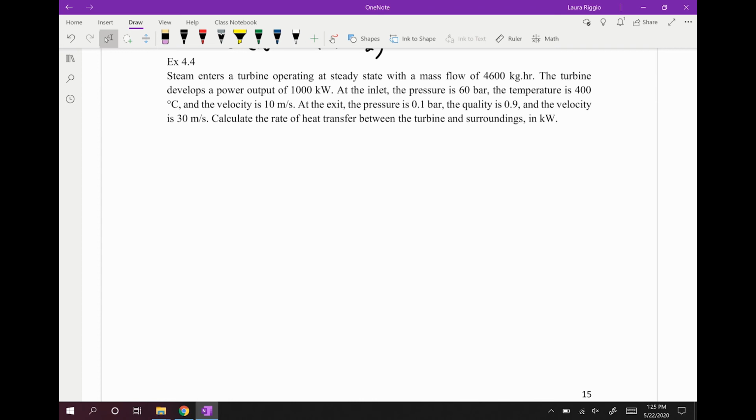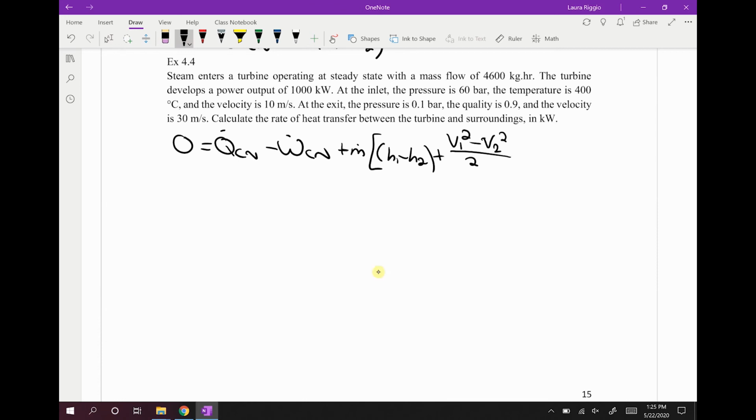So if I write down our full energy equation, we have our heat minus our work plus our mass flow rate times our change in enthalpy plus our change in kinetic energy plus our change in potential energy.